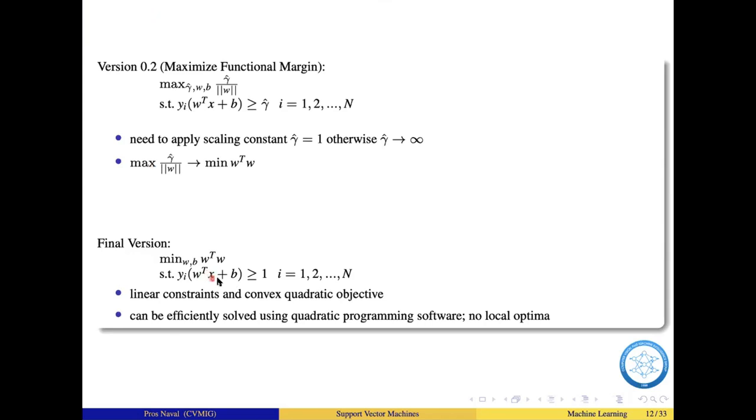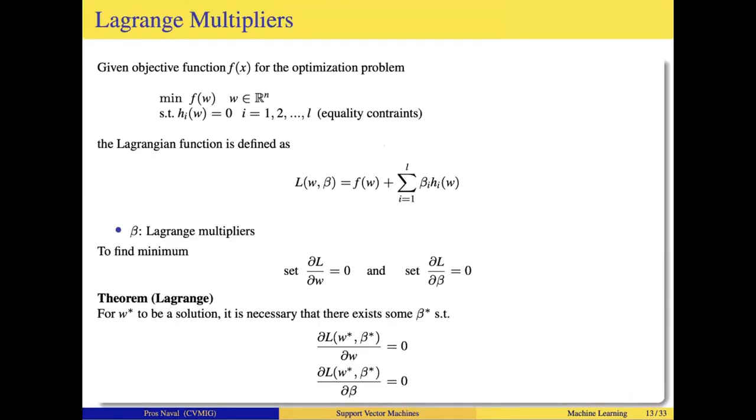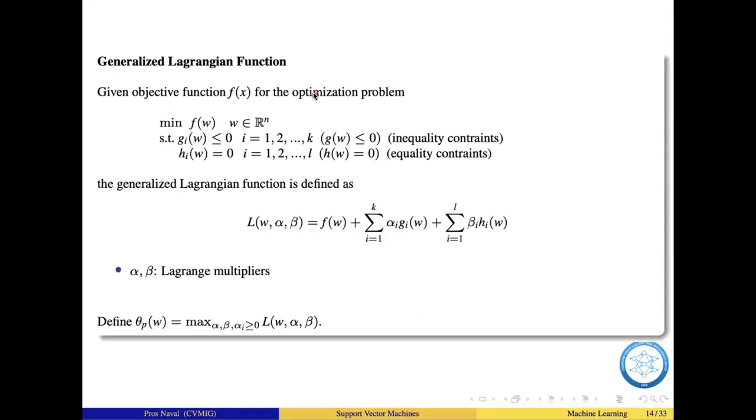This is an inequality constraint, which is now the subject of this generalized Lagrangian function. So, given an objective function f of x for the optimization problem, just like before, minimize f of w, with two sets of constraints: the equality constraints that we had earlier, and this time another set, which are the inequality constraints.